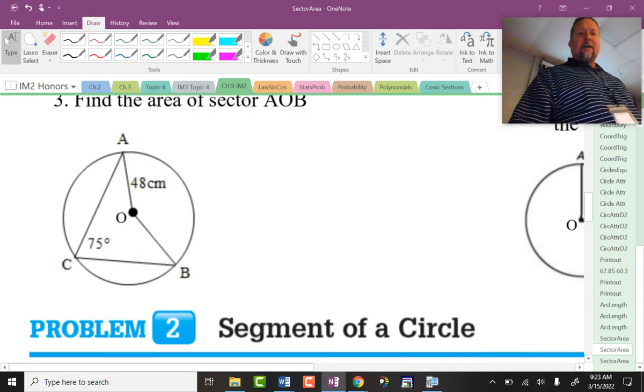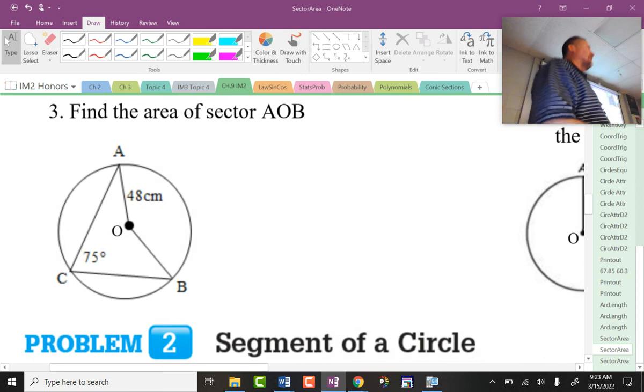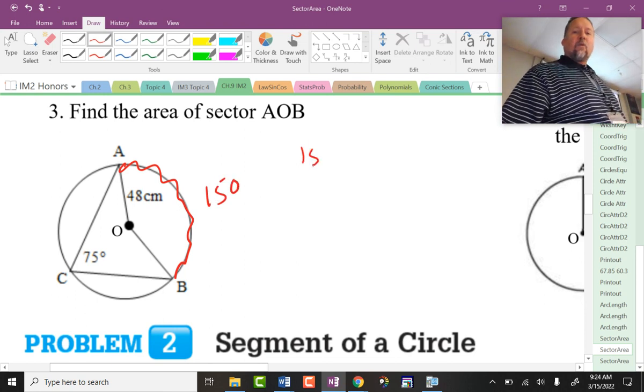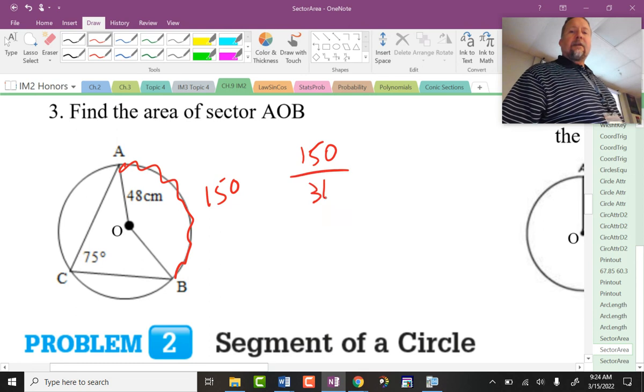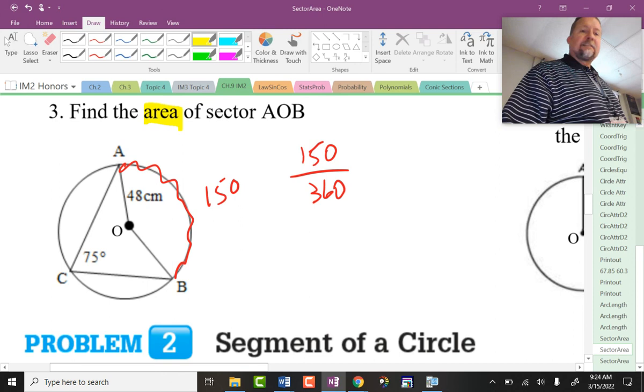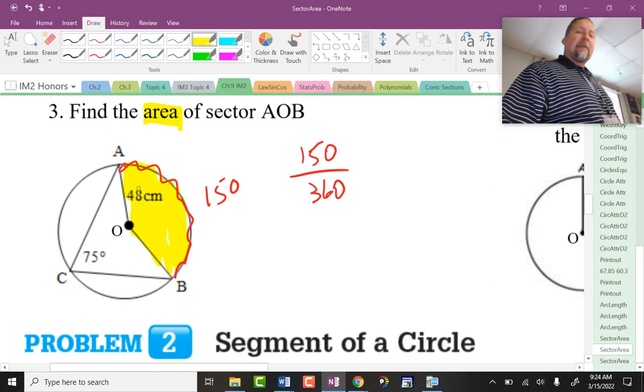Isn't this the same drawing as the other one? I don't think I have to keep doing this. What's this angle measure from here to here? 3, 2, 1, go. 150. So this is 150 over 360. Read: area of sector A to O to B. What is all that space inside?